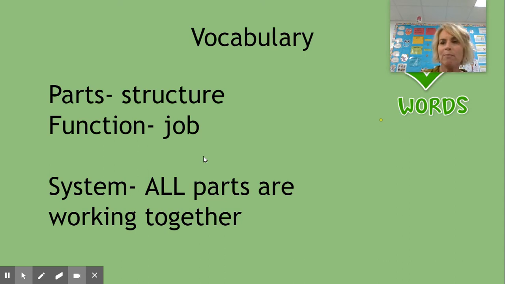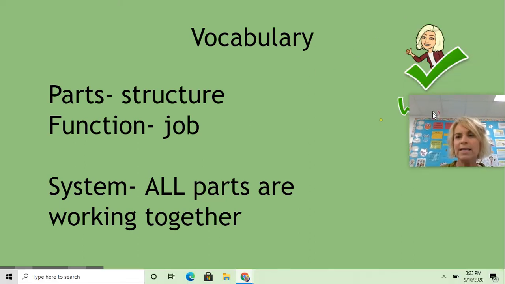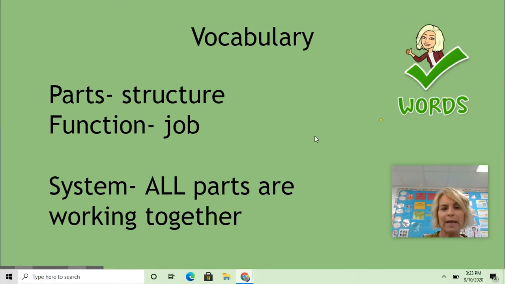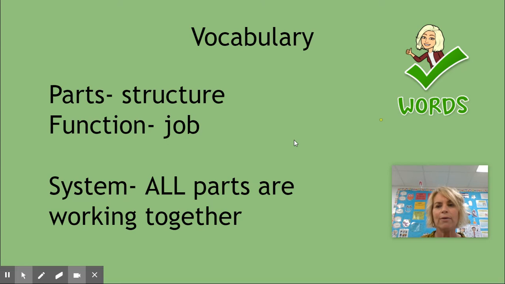So all the plant parts have to work together to help the plant to survive. We have to have the roots, the stem, the leaves, the flower, the seeds. We have to have all those parts for a plant to grow and reproduce and make more plants. So they're a system, they all work together.